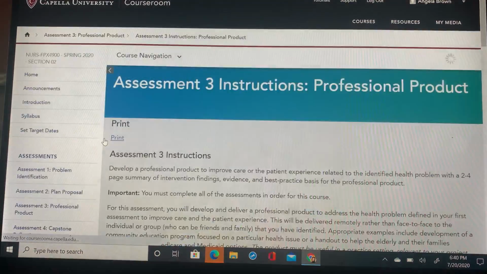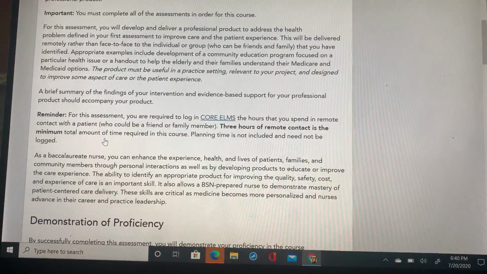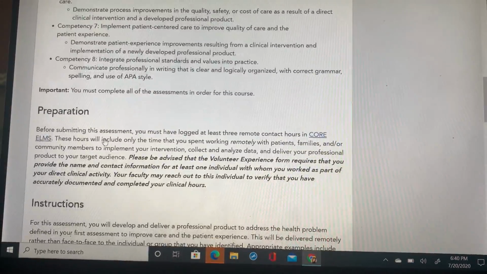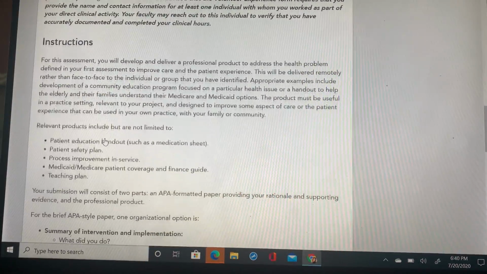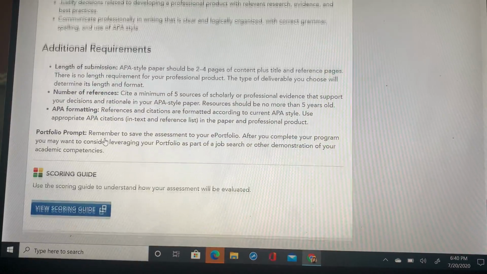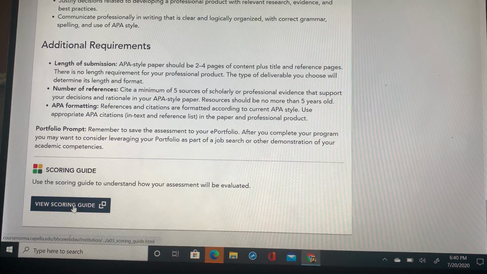Click on it. It gives you all the instructions, all the instructions that they want you to follow, how to prepare, and then you view the scoring guide.